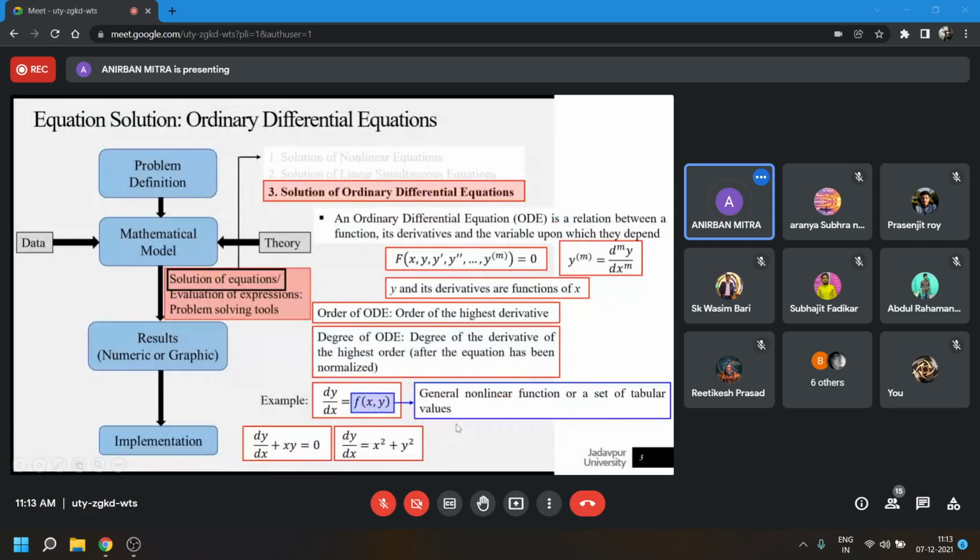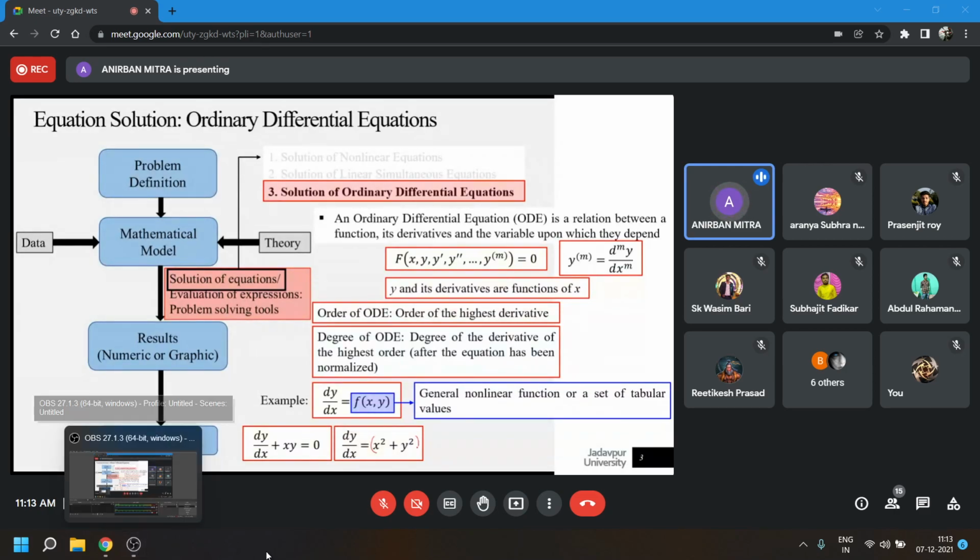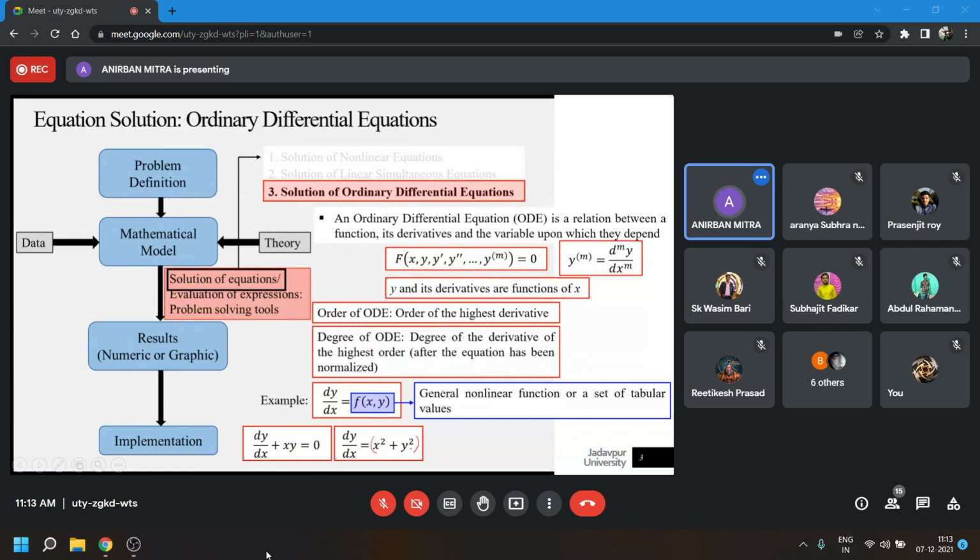In the second equation, we have another nonlinear function, dy/dx equal to x² plus y², which is quite obviously nonlinear.